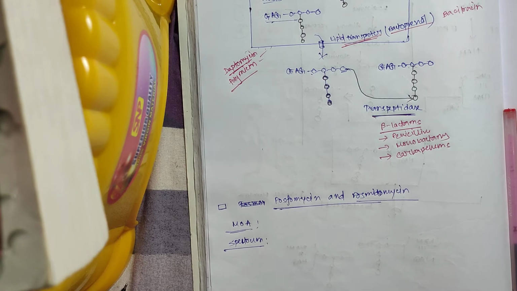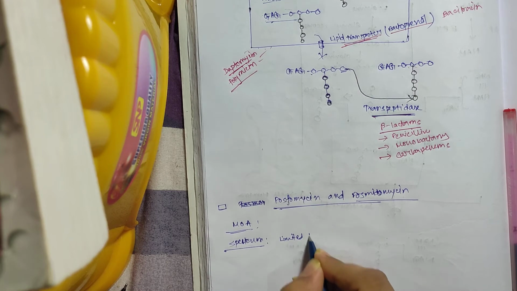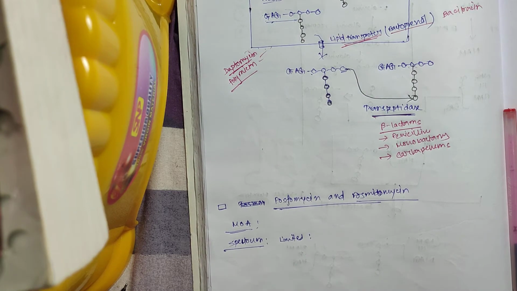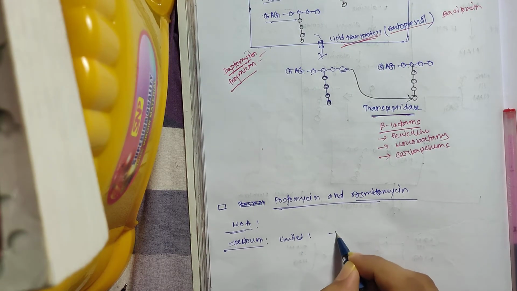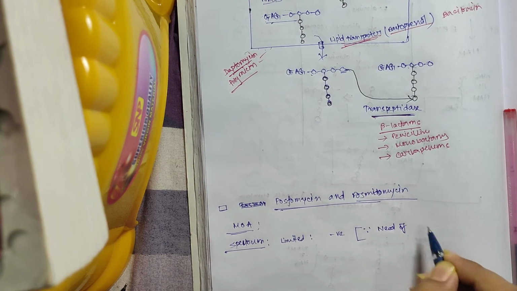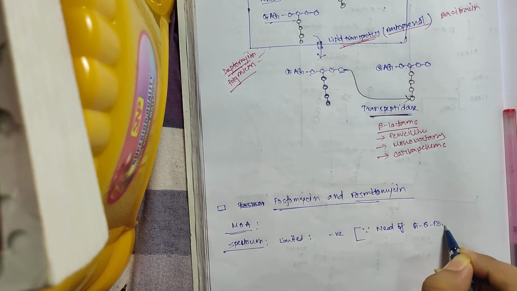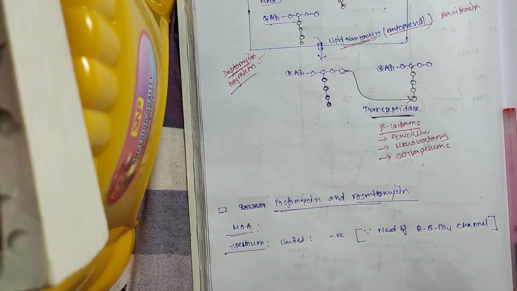Now it has a limited spectrum, right? Because the glucose 6 phosphate transporter is required for the transportation of this into the cell, right? And this particular transporter is present only in gram negative bacteria. So it is only effective in gram negative bacteria, because of the need of the glucose 6 phosphate transporter.